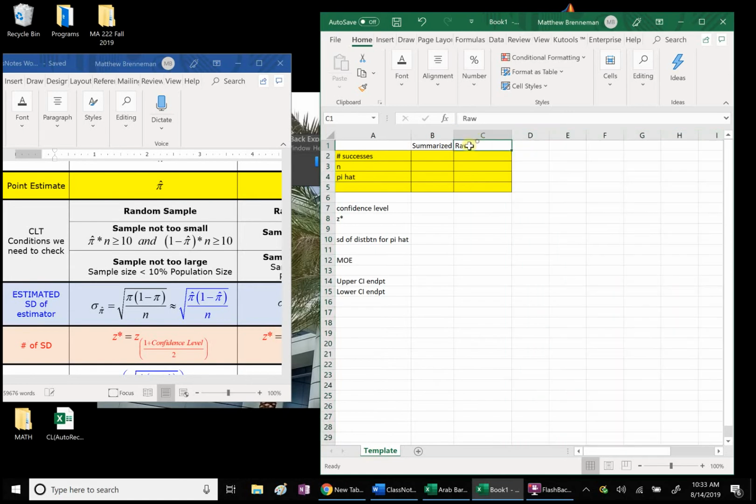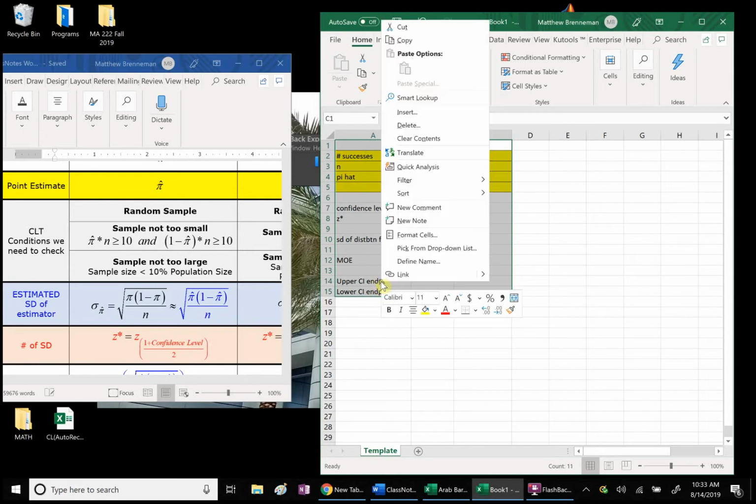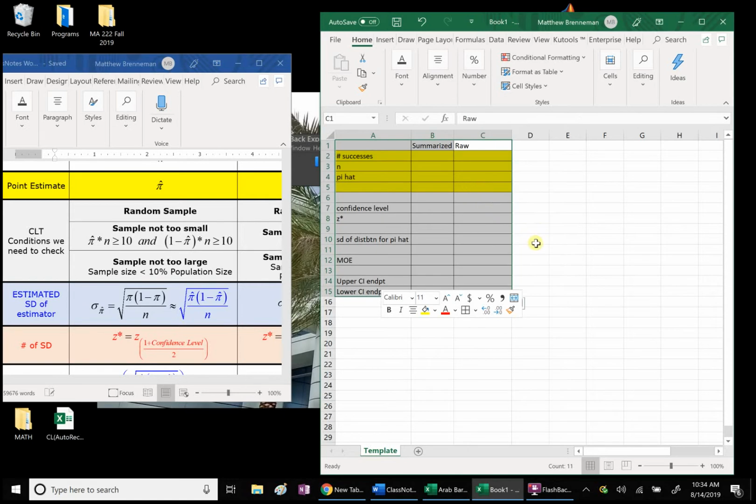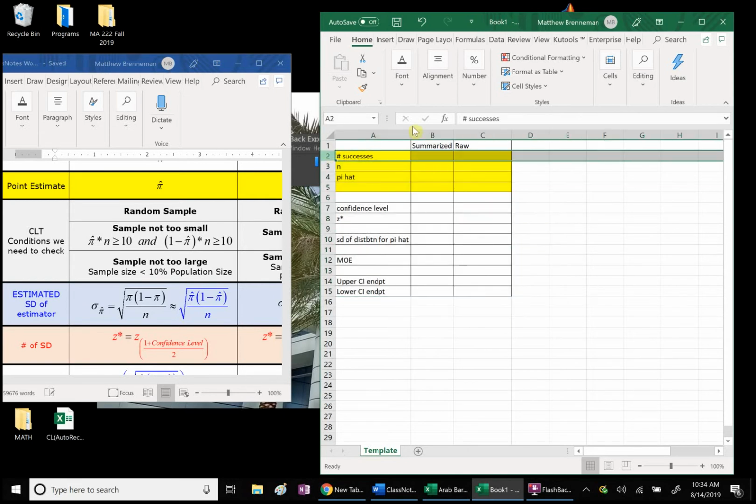So summarized, raw. And of course, I'll put the raw in red so we know which ones are specific to the raw. So this is specifically for the raw data set.